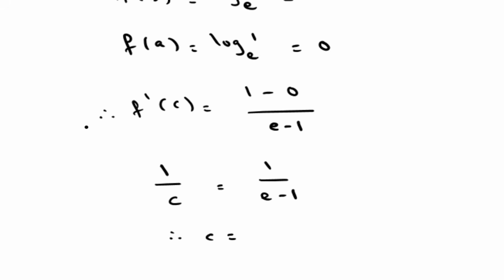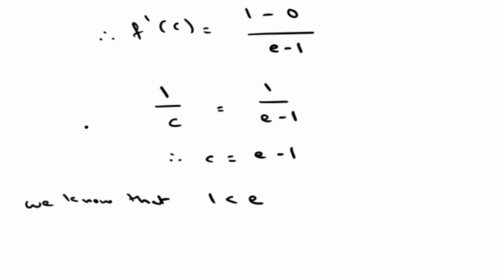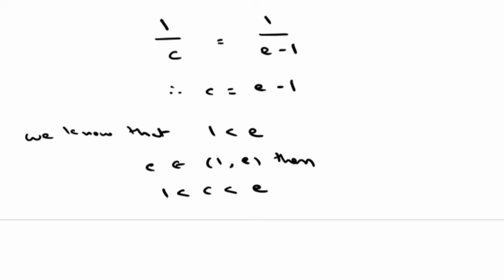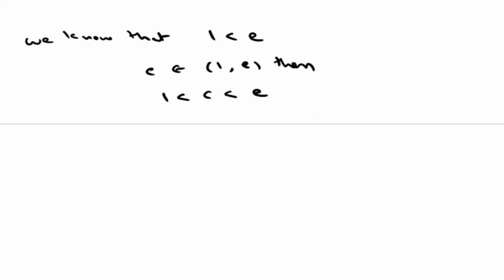Therefore c is equal to e minus 1. Since c belongs to 1 comma e, 1 is less than c less than e. From above, 1 is less than e minus 1 less than e. Hence, proved.